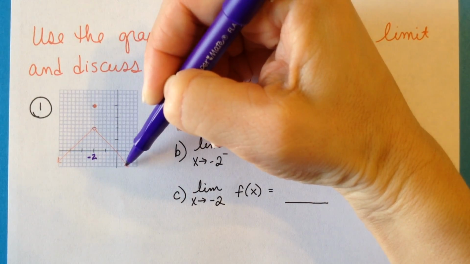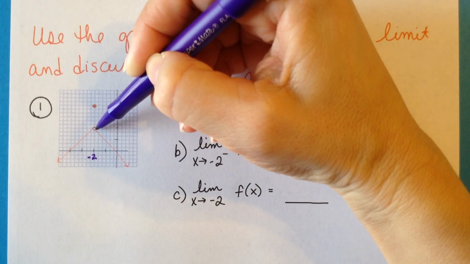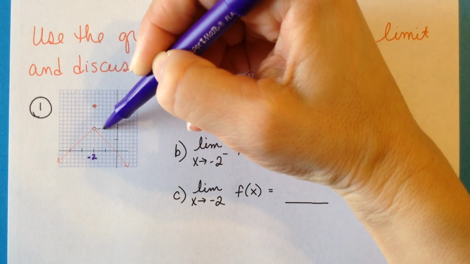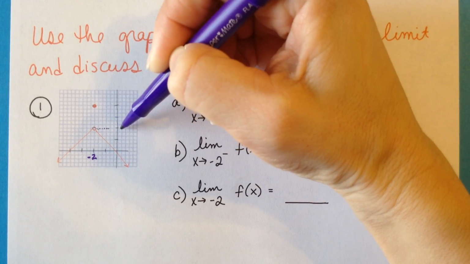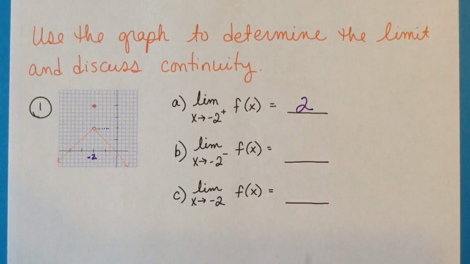As you get closer and closer to x equals -2, the y value is at +2. So the limit from the right would be +2. Now remember, it doesn't matter that that's a hole, because we're not asked about the function being defined at -2. We just want to know what the limit is.